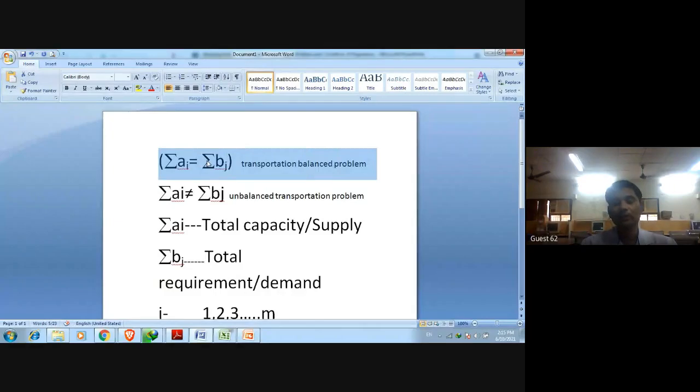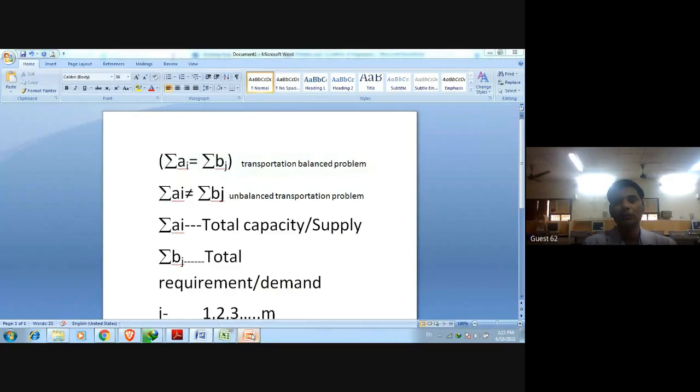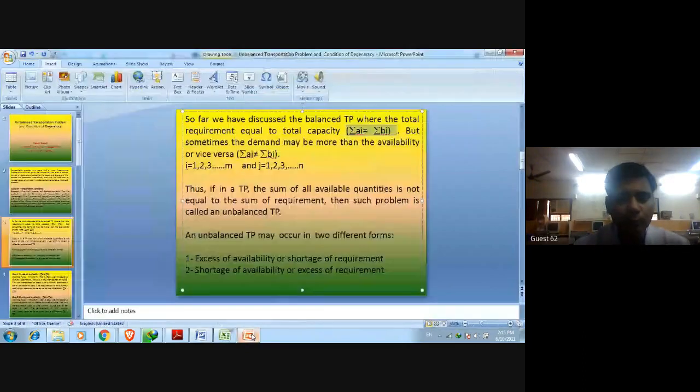So when supply is not equal to demand, you have to follow the second method, the unbalanced problem.